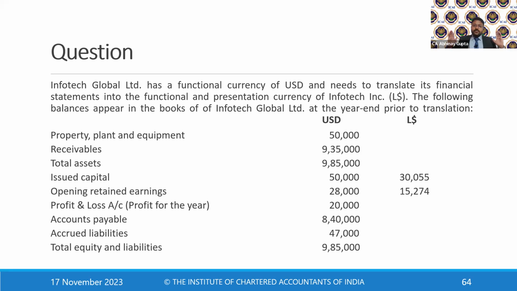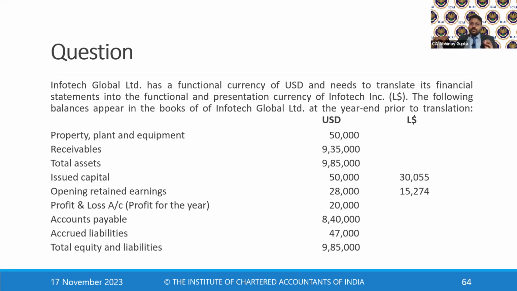So basically, Ind AS 21 says, for monetary items, any exchange gain or loss will always go to the PNL. But for non-monetary items, any exchange gain or loss will follow the fair value path. So if fair value is being recognized in OCI, because of the revaluation model under Ind AS 16 for property, plant, and equipment, if the revaluation is an upward revaluation, then it always goes to OCI, right?